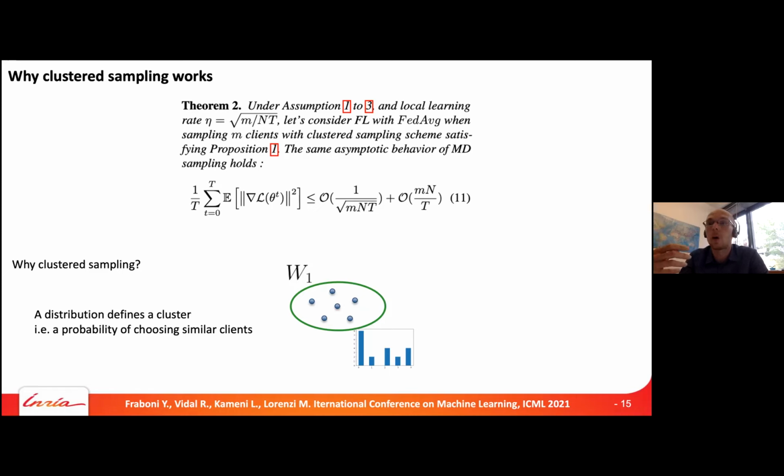For example, to enhance the representativity of clients that have certain features with respect to others, or to put together clients which are similar. So we will give high probability in a given distribution to clients which are similar. And then when we switch to the next distribution, we try to sample other clients which are similar according to the same criterion.